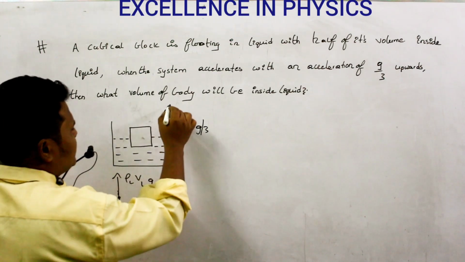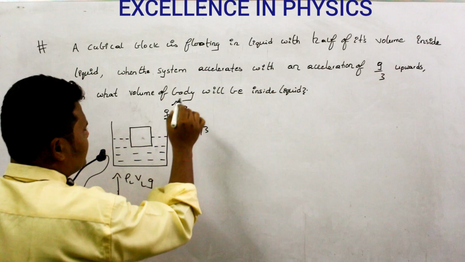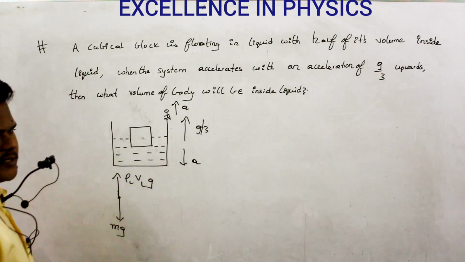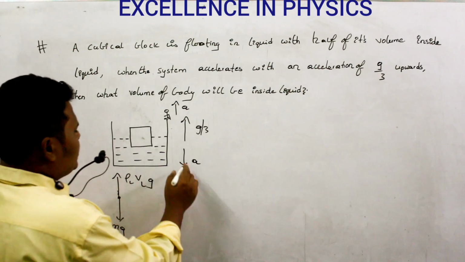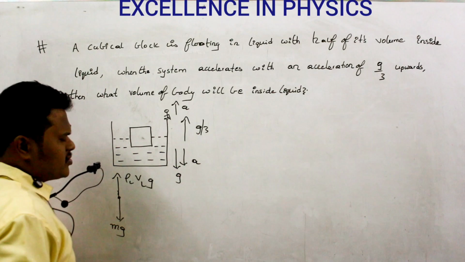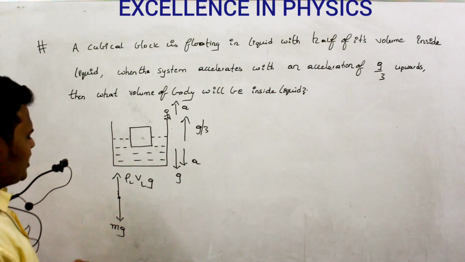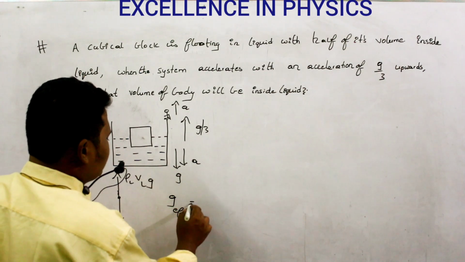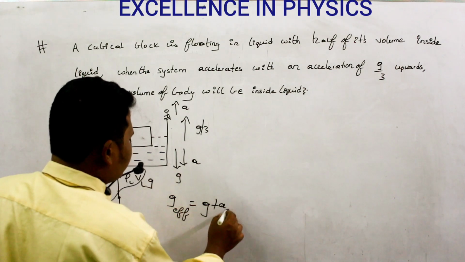Then as the acceleration of the observer is in upwards direction, so we have to draw a pseudo force in opposite direction. So g value is already acting downwards, and this pseudo acceleration is also acting downwards. So net acceleration in this condition will become, or I can say g effective will become g plus a.